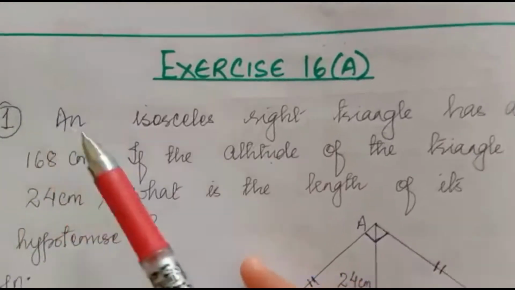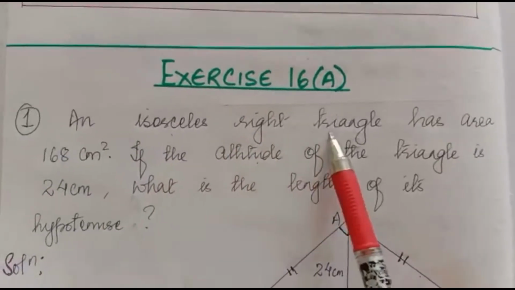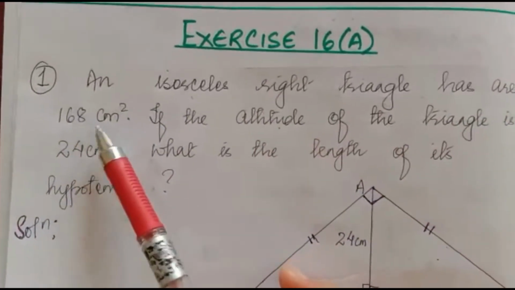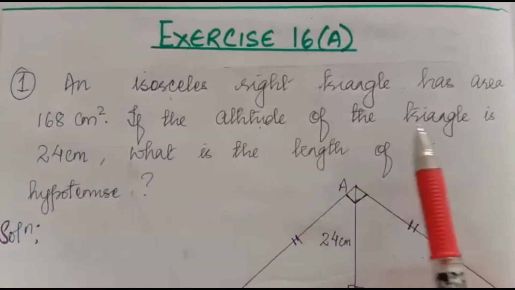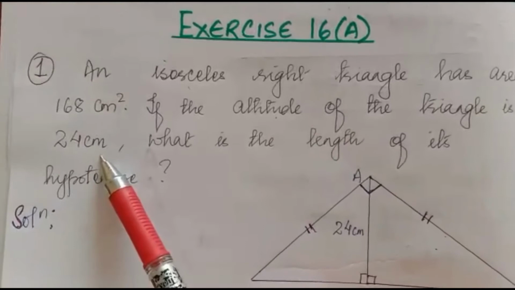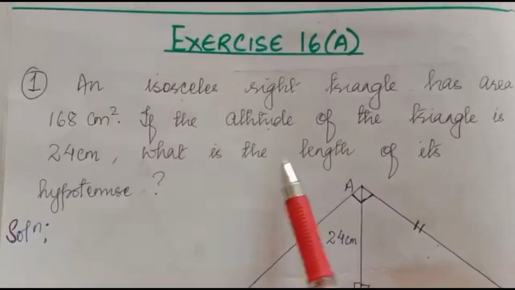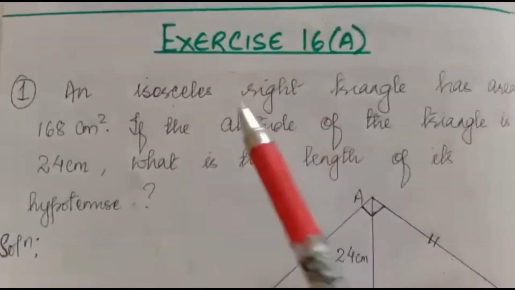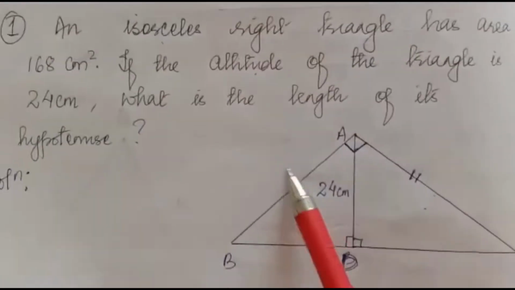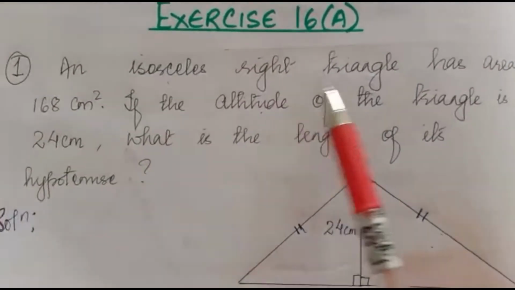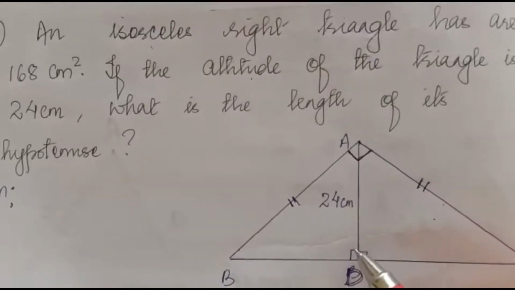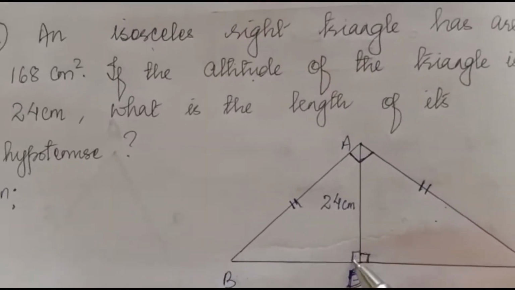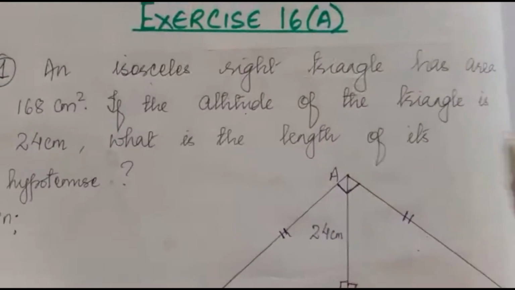Question number 1. An isosceles right triangle has area 168 centimeters square. If the altitude of the triangle is 24 centimeters, what is the length of its hypotenuse? Isosceles means two sides are equal, and right triangle means there is a 90 degree angle here.